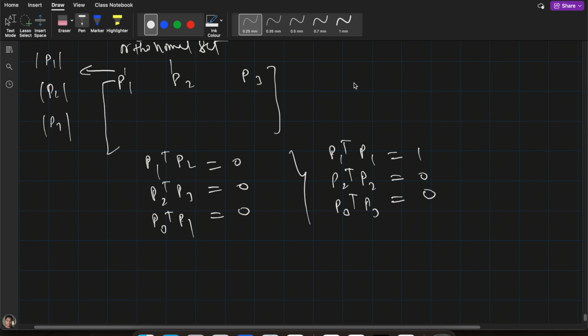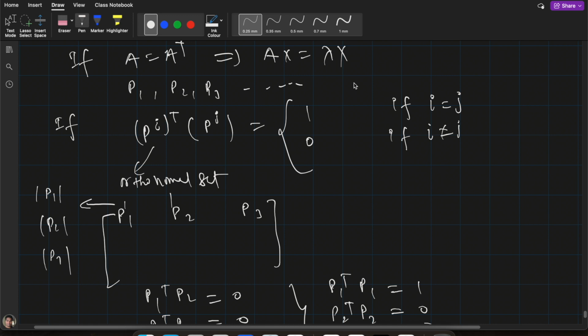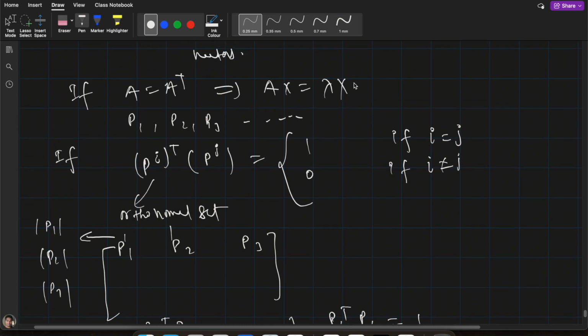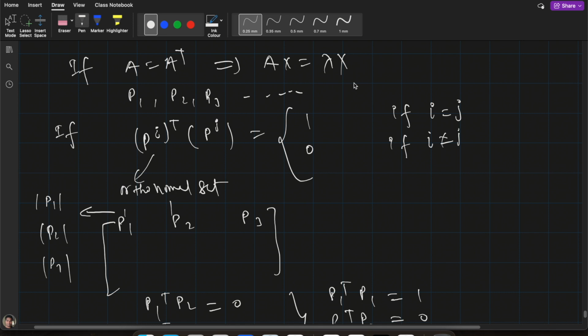If P1 is a vector, P2 is a vector, then under what circumstance is their dot product 1? The dot product of P1 and P2.